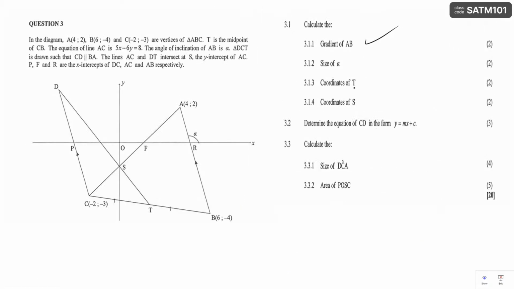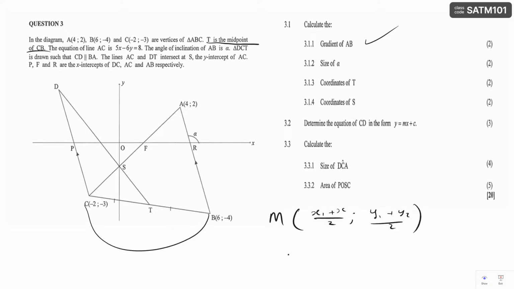Now they said calculate the coordinates of T. We are told that T is the midpoint of CP, which is this one. So we can simply use the midpoint formula to get our T. You know our midpoint formula is x1 plus x2 divided by 2, and y1 plus y2 divided by 2.